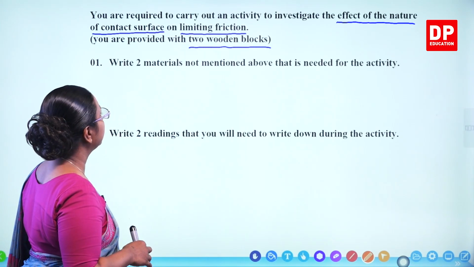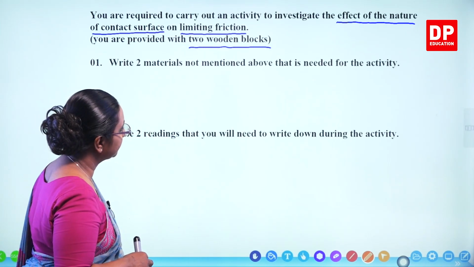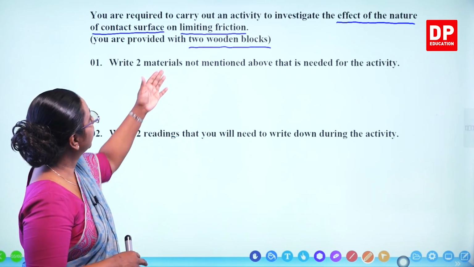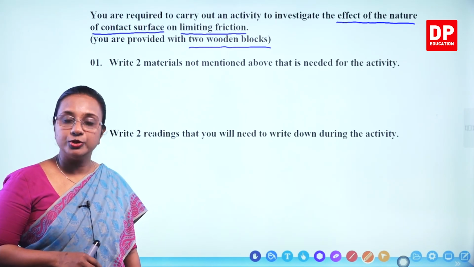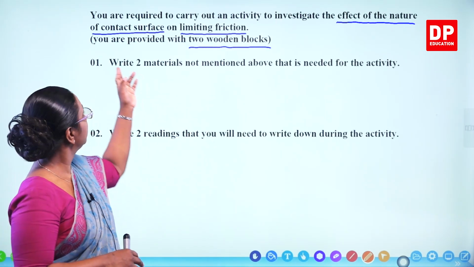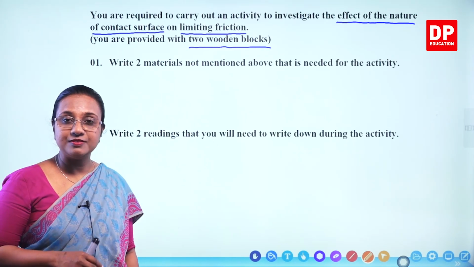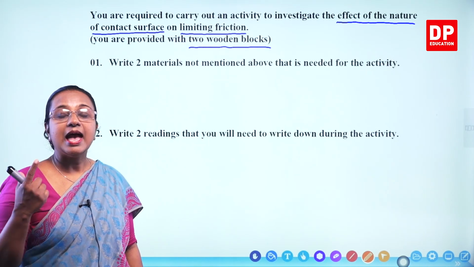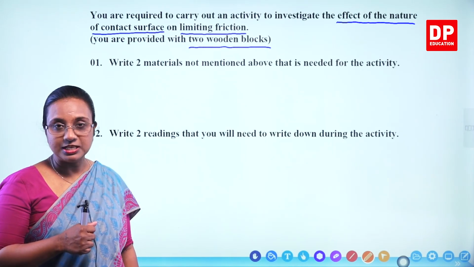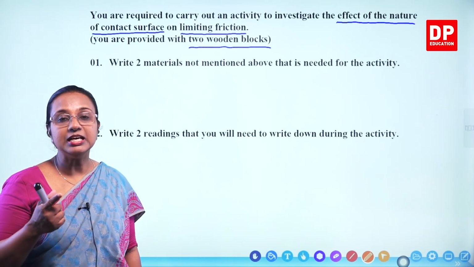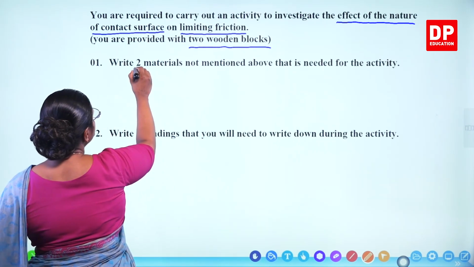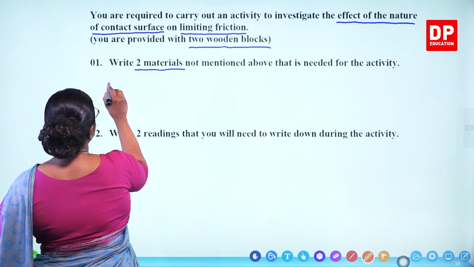Write 2 materials not mentioned above that are needed for the activity. So they have given us 2 wooden blocks. In order to test the nature of contact surface, we will need the sandpapers, and to measure the limiting frictional force, we need the Newton spring balance. So those are the 2 materials.